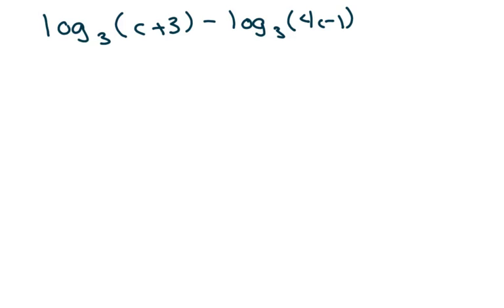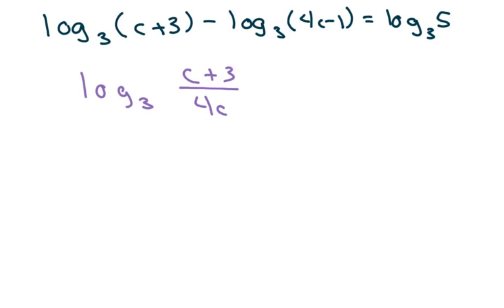And the last one, we have log base 3 of c plus 3 minus log base 3 of 4c minus 1 equals log base 3 of 5. I'm going to condense this and write it as a single log using my quotient property. My bases are the same. I'm going to cross multiply here.